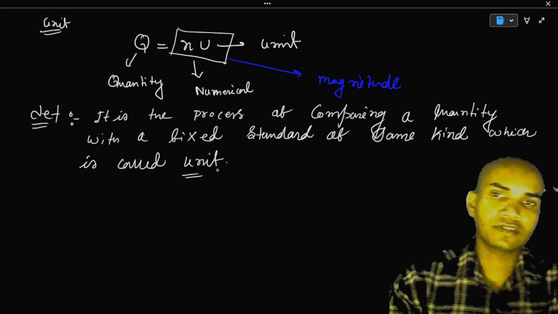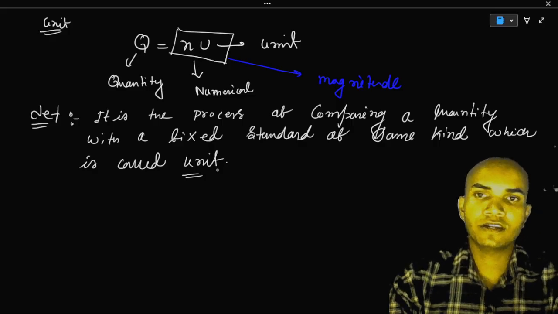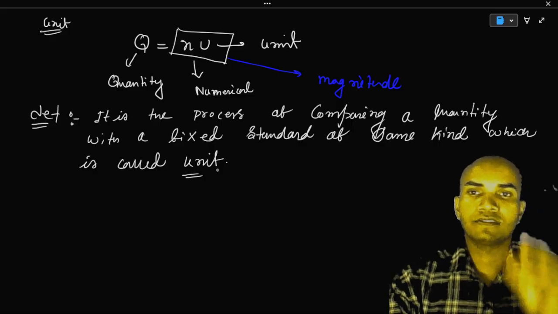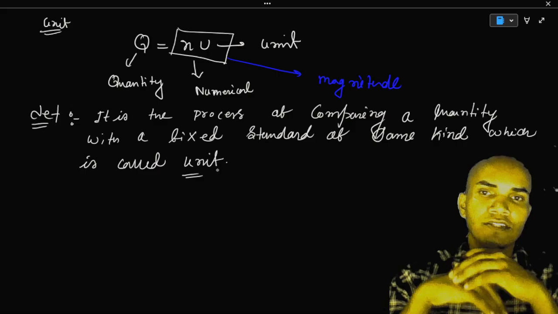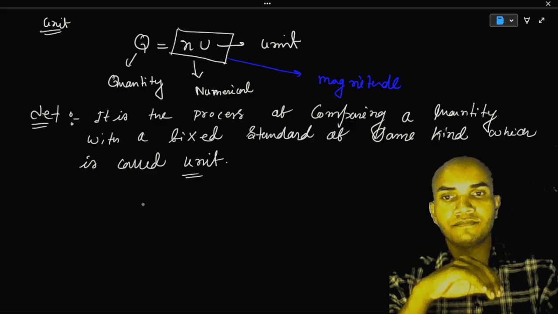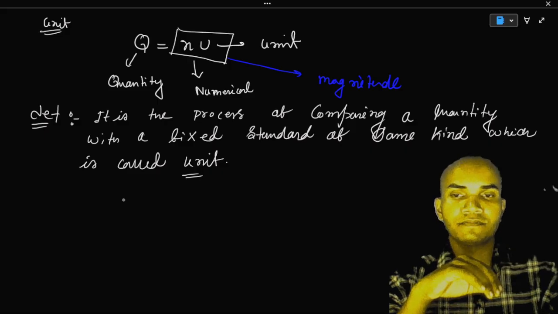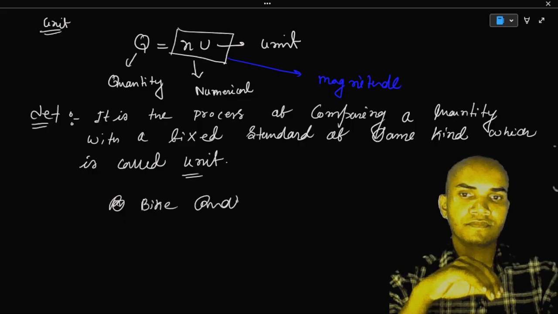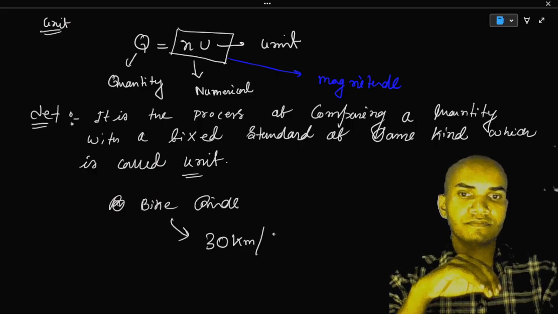Here you can see that the quantity is basically representing a numerical value. Let's say you are riding a car or a bike, and the speed is 30 km per hour.